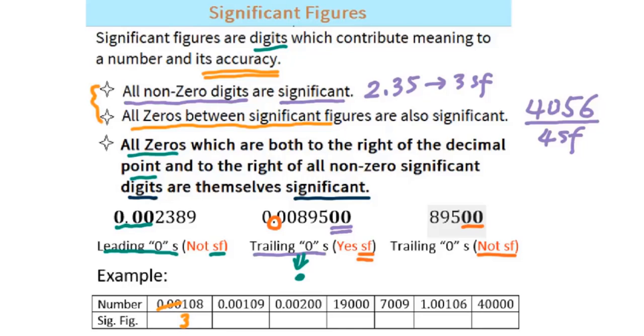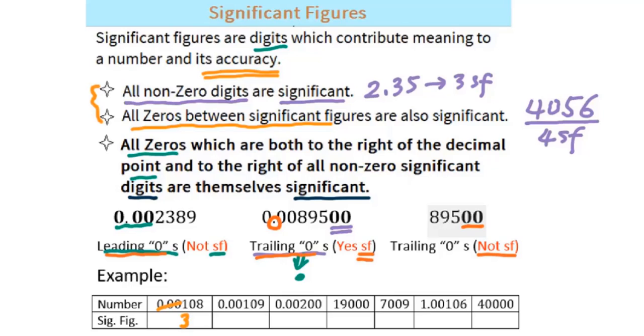For zeros, only when they are leading zeros or trailing zeros is there a chance of not being significant figures. So when you figure out how many significant figures a number has, you need to pay attention to leading zeros or trailing zeros. That's all.